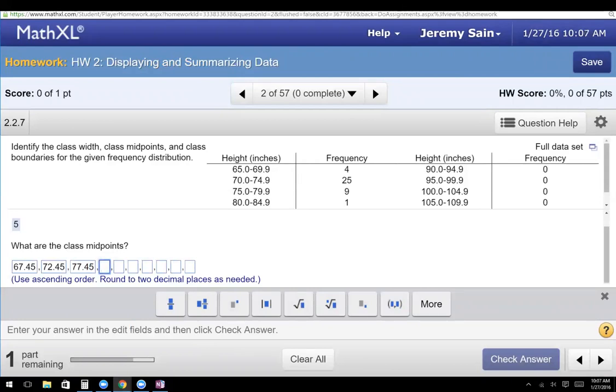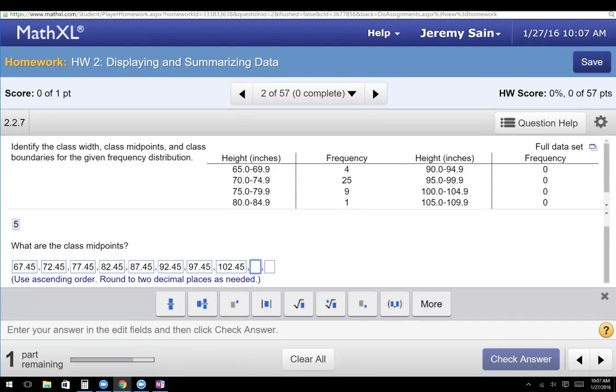What's next? 82.45, then 87, then 92, then 97, then 102.